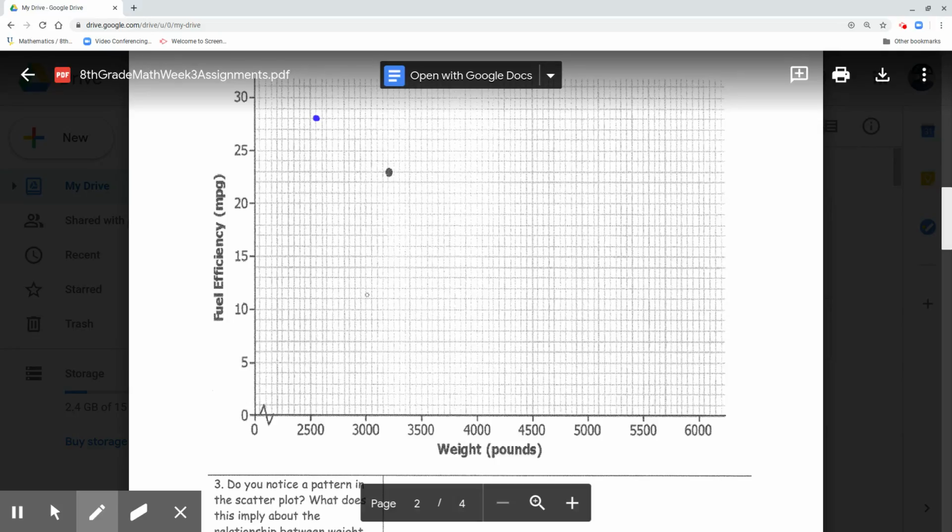I'll do point number 3 for Model 3. Model 3's weight was 4,050. So that's going to be one leg past 4,000. Now, we're going to go up to a fuel efficiency of 19 miles per gallon. So we'll go up to 1 below 20. Keep going up.